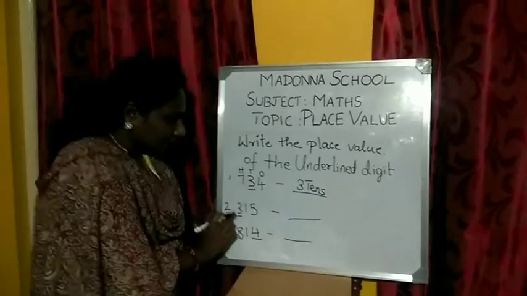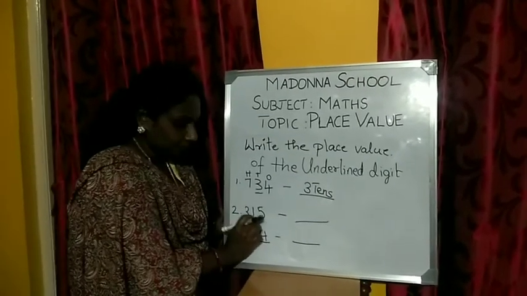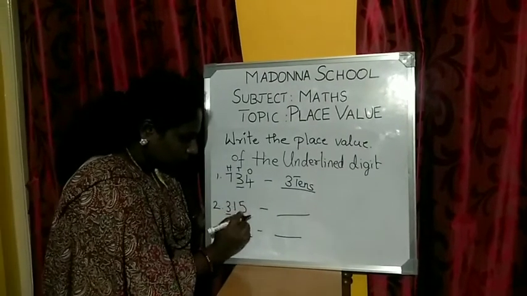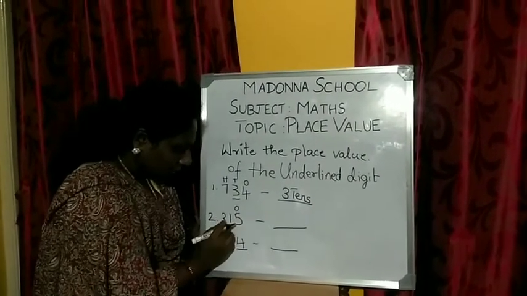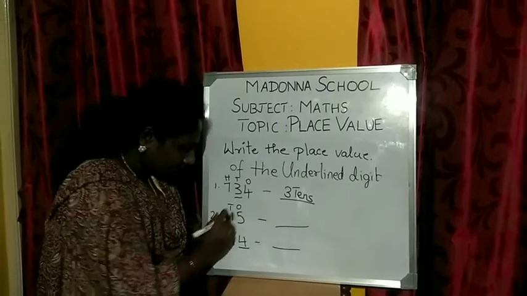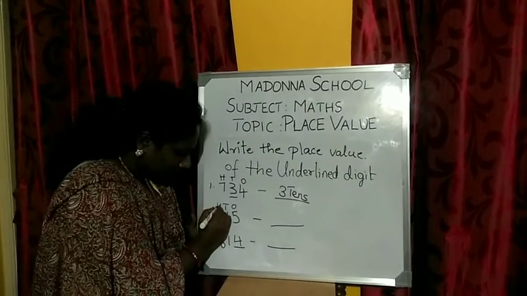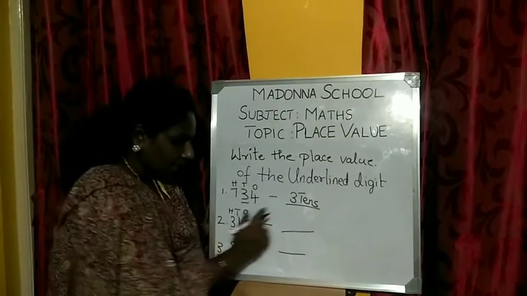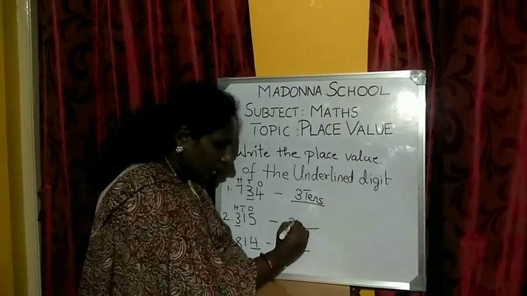Next is 315. So here the place value: 5 is at ones place, 1 is at tens place, 3 is at hundreds place. So 3 is at what, children? 3 is at hundreds place. So 3 hundreds.